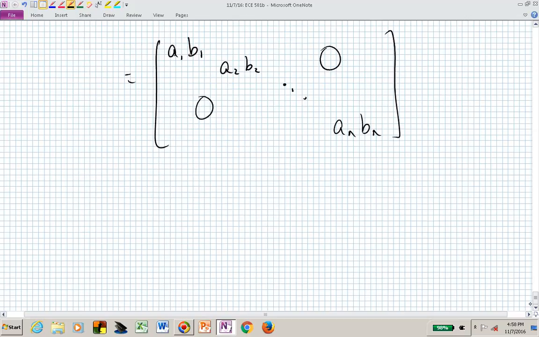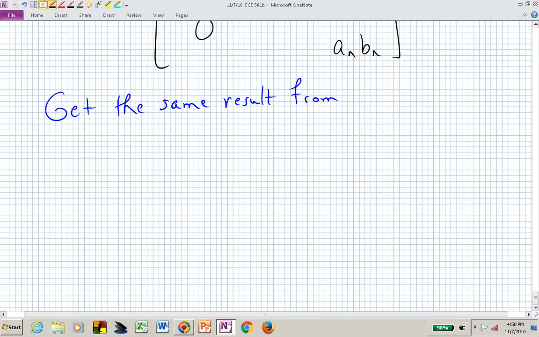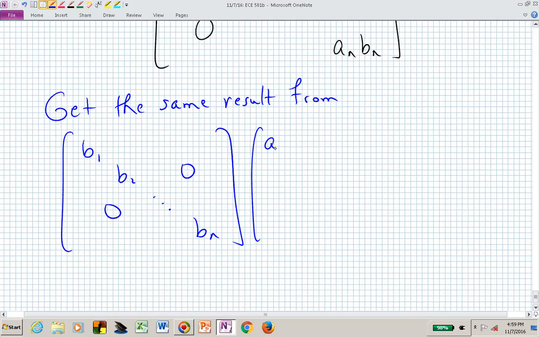And I think you can see that you're going to get exactly the same result if we commuted those diagonal matrices. We get the same structure or form when we take B1, B2, through B sub n as a diagonal matrix and apply that to the diagonal matrix with A's on the diagonal.